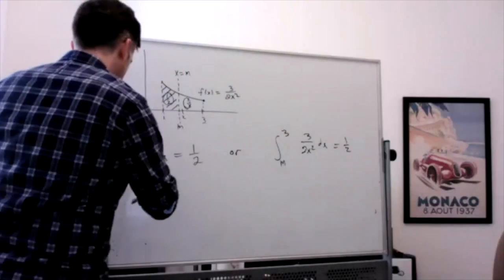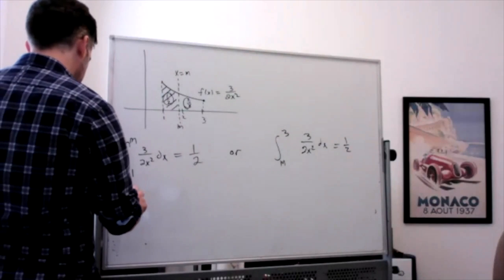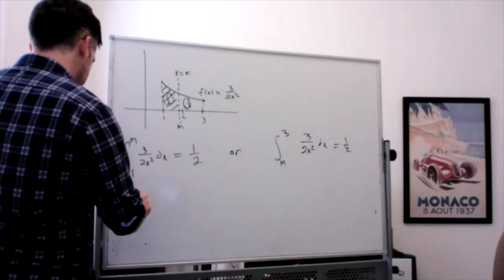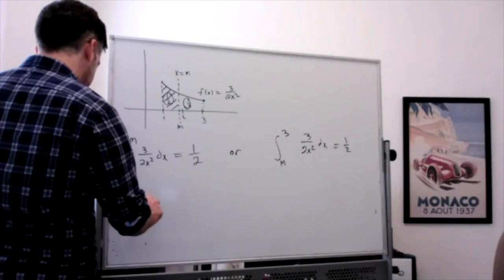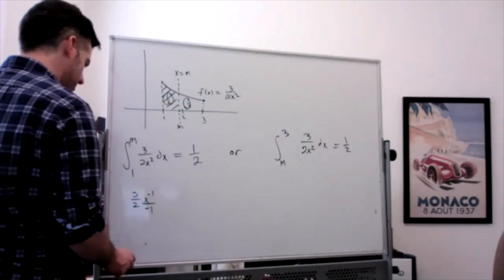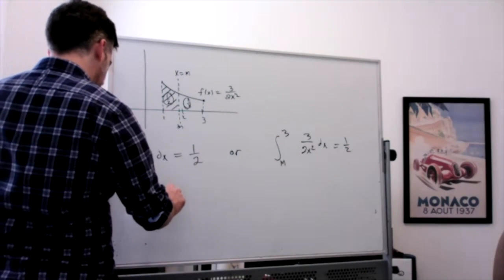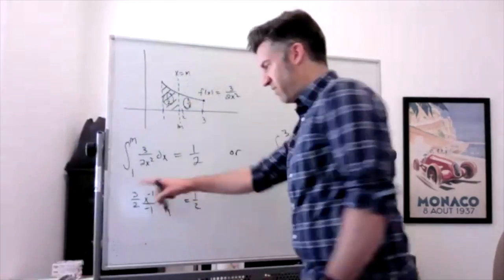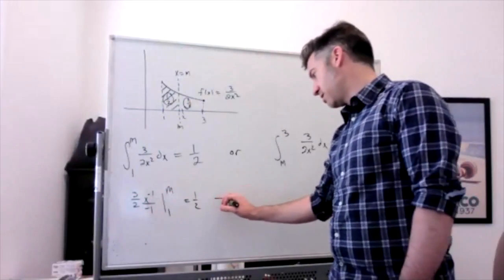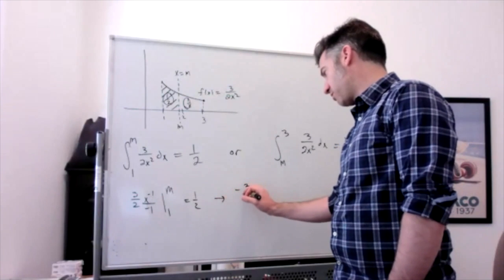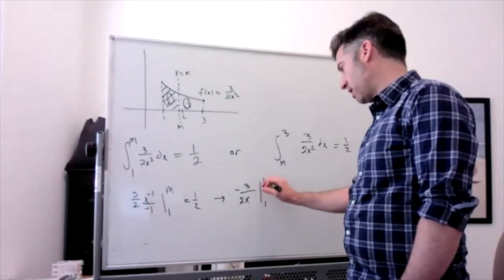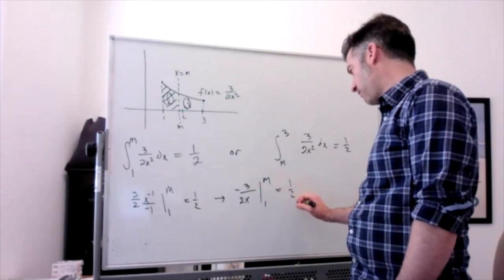So we're going to integrate this. We're going to get, let's see, this is 3 halves x to the negative second. The integral is 3 halves x to the negative first over negative 1 from 1 to m equals 1/2. Okay, let's simplify this a bit. That's a negative 3 over 2x from 1 to m equals 1/2.